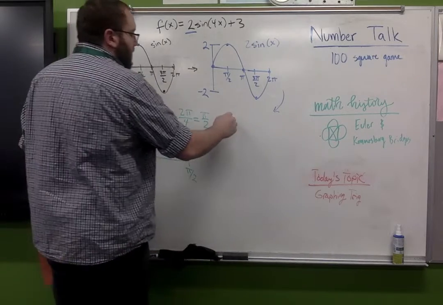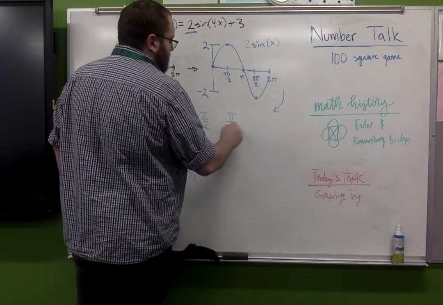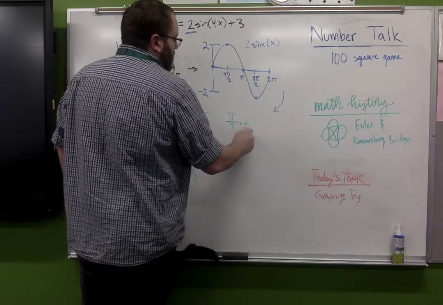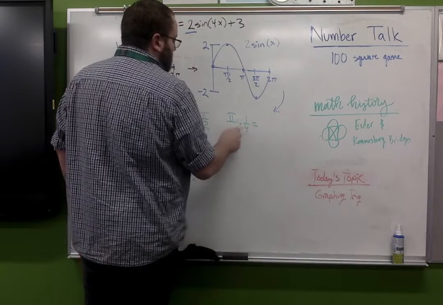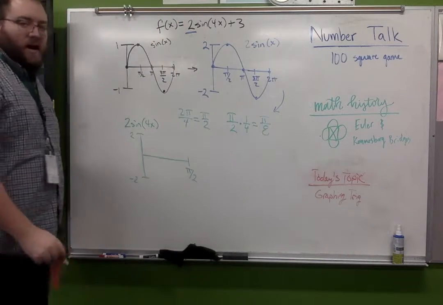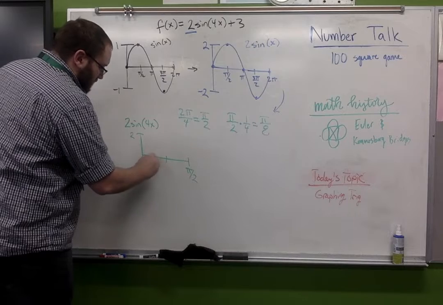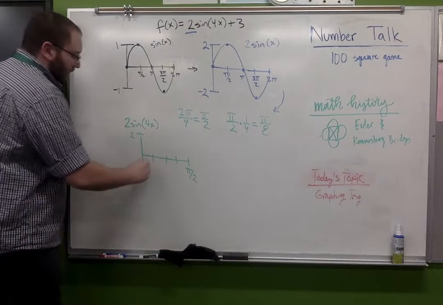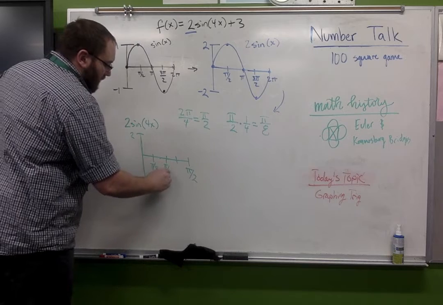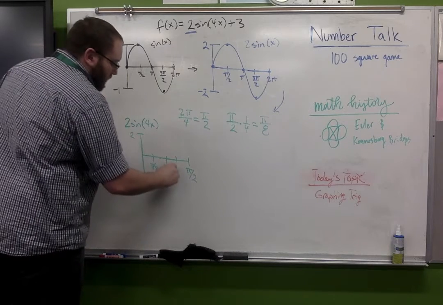I take my period, pi over 2, divide it by 4. Those are the increments that I'm going to graph in. So cut it into fourths. So I have pi over 8, pi over 4, which is 2 pi over 8, and then 3 pi over 8.